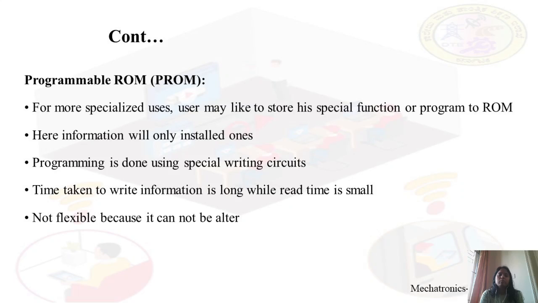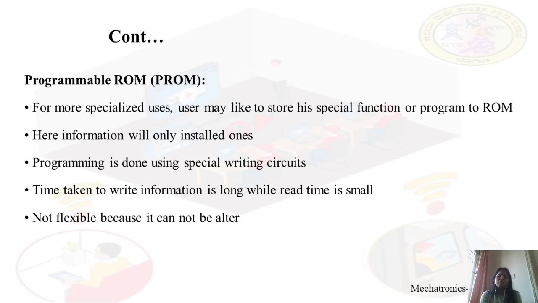Next one is PROM, that is programmable read-only memory. PROM is also just like your ROM, but in case of PROM, we can program only once. Whenever we get it from the manufacturer, it may be semi-programmed or it may not be programmed.